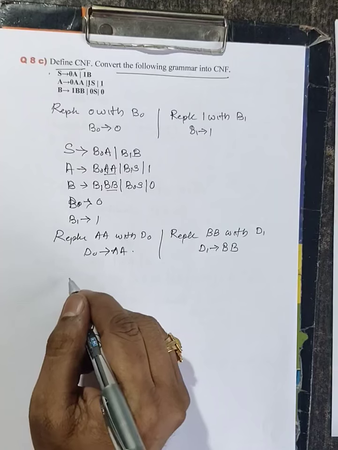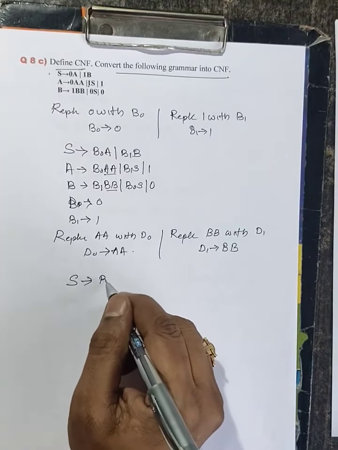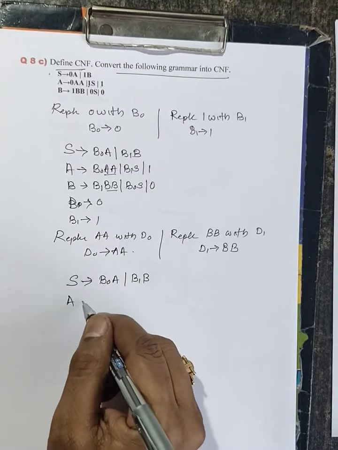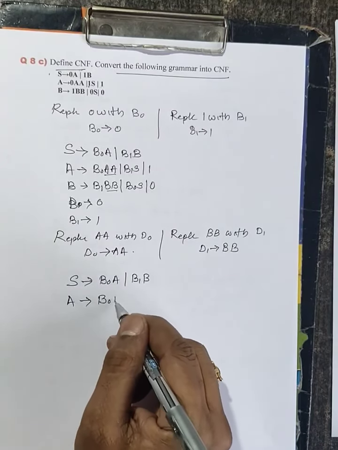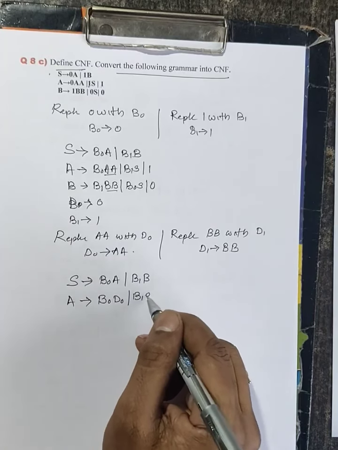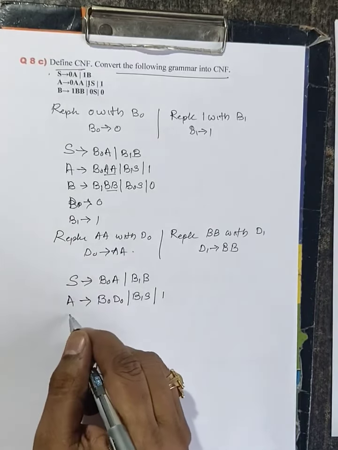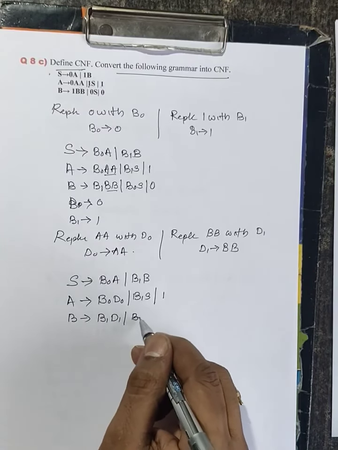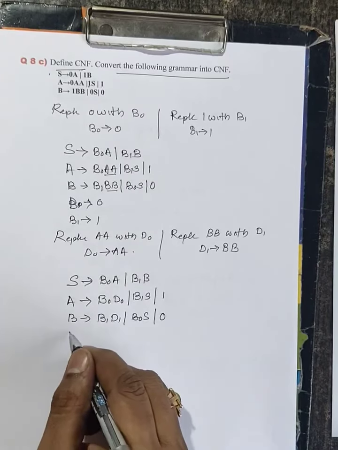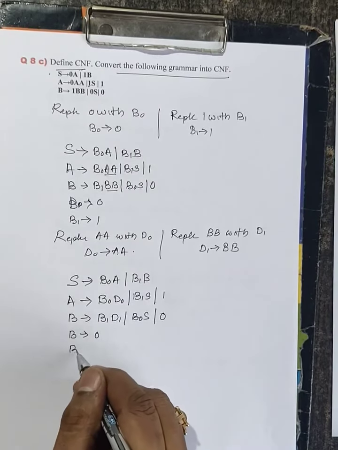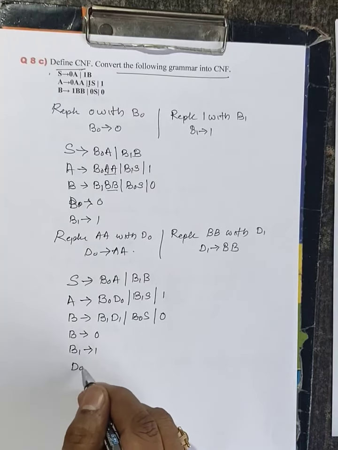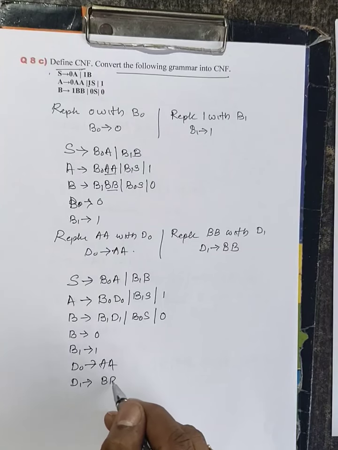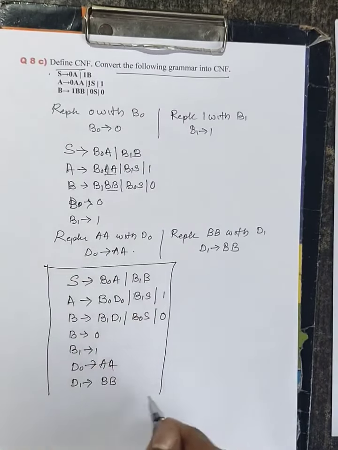Again after substitution we will get S produce B0 A B1 B, then A produce B0 D0 B1 S and 1, and B produce B1 D1 B0 S and 0, and B0 produce 0, B1 produce 1, D0 produce AA, D1 produce BB. This grammar is in CNF.